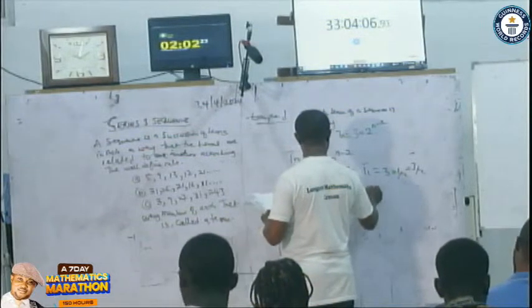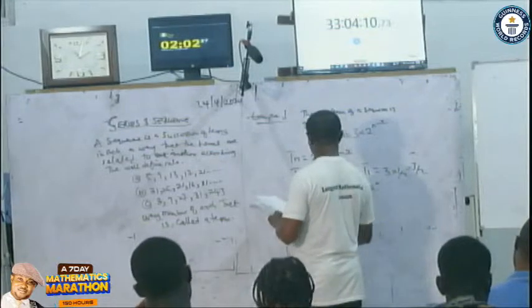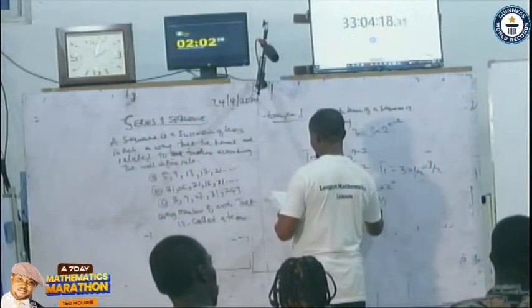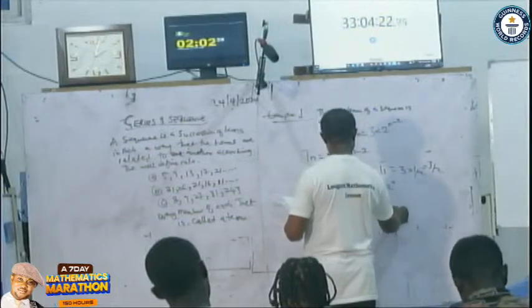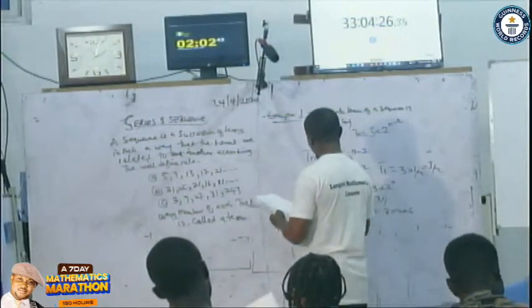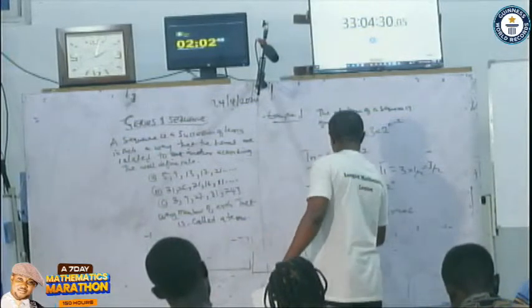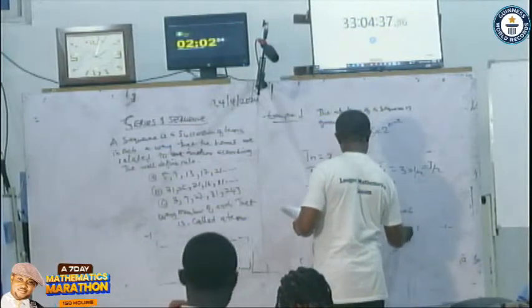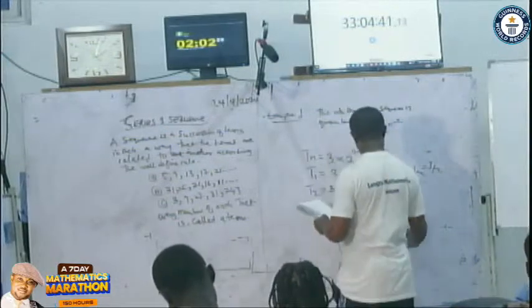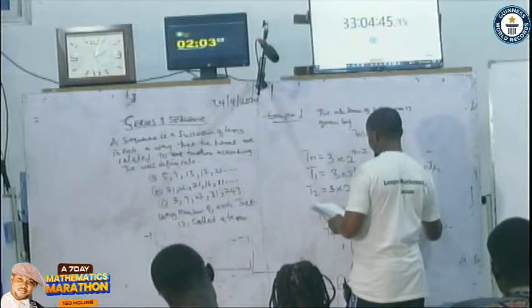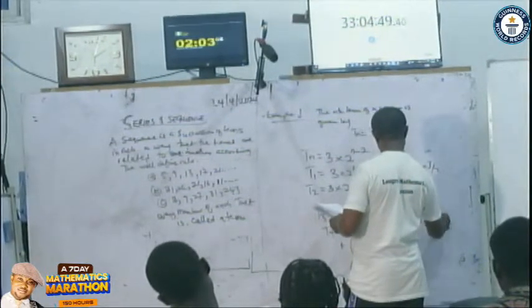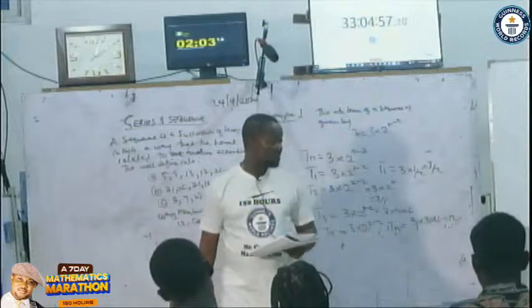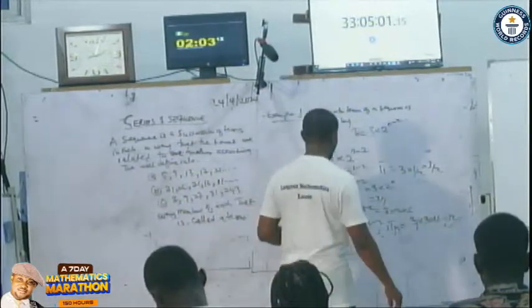That is 3 times 2 to the power of 0. T4. T5.